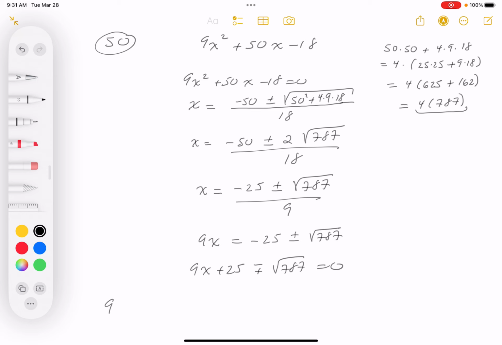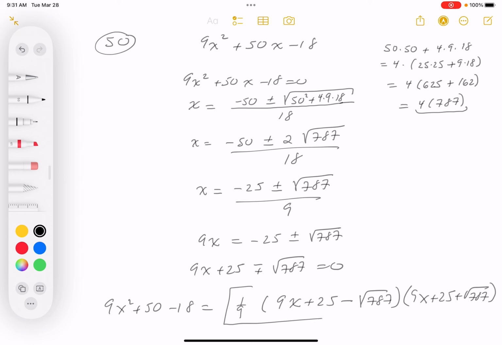So I'm going to write these factors down now for 9x squared plus 50x minus 18: 9x plus 25 minus the root of 787, and 9x plus 25 plus the root of 787. I get troubles though, because if I do the multiplication, 9 times 9 is 81, and I don't want that, I want 9, so I'd put down 1/9 over here. And I'm going to say this is the factorization.